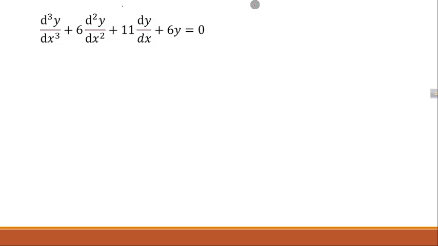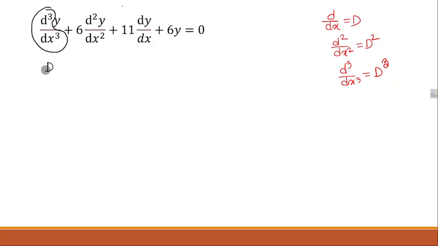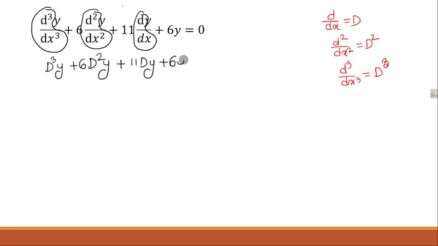We know that we have to write d by dx as D, then d square by dx square is equal to D square, and we write this to express the equation in a simpler way. You can write this operator as D cube, then D square, then D. Then you write y and the terms of D inside the bracket.